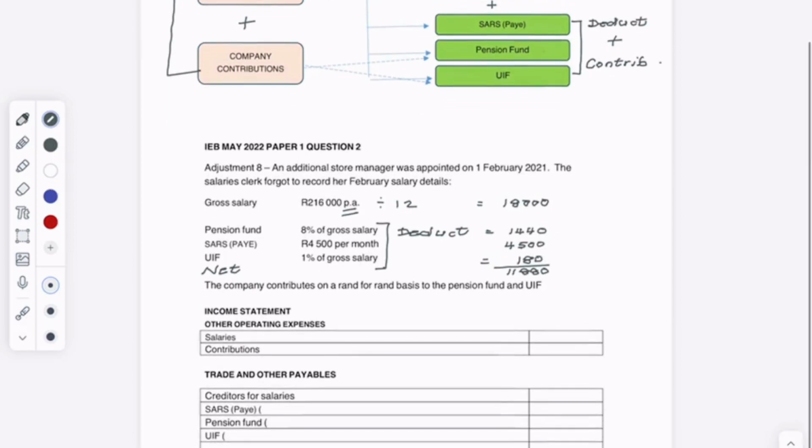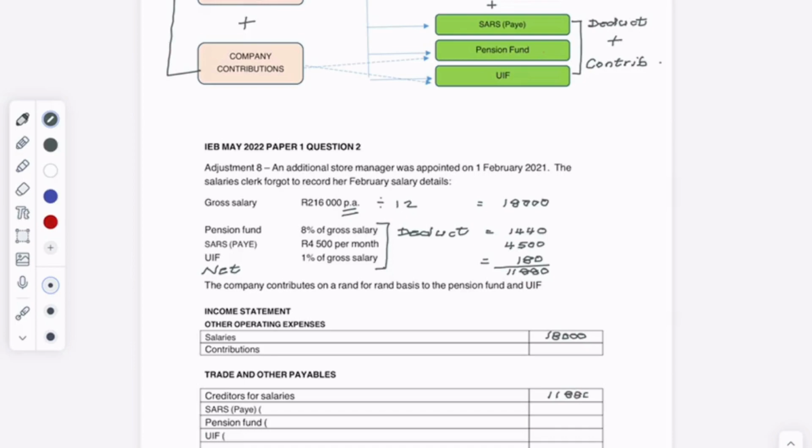So let's go and put that in. We know that in the income statement, you've got to put in the gross salary. So that's 18,000. Then what goes into our trade and other payables? It's the net salary under creditors for salaries plus all your deductions. So creditors for salaries is 11,880.